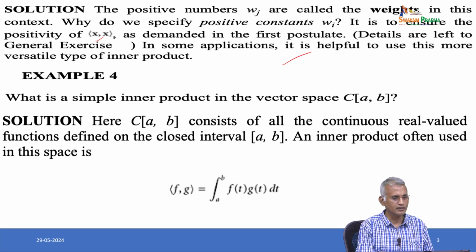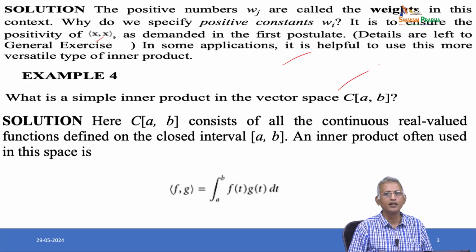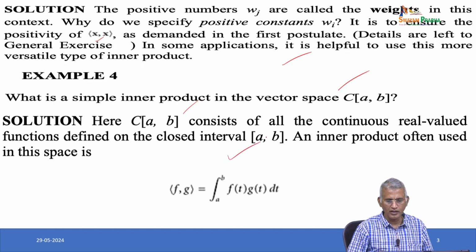Next example: what is the simple inner product in the vector space C of a comma b? Here C of a comma b consists of all the continuous real valued functions defined on the closed interval a comma b, and an inner product often used in this space is f comma g equal to the integral from a to b of f of t g of t dt.